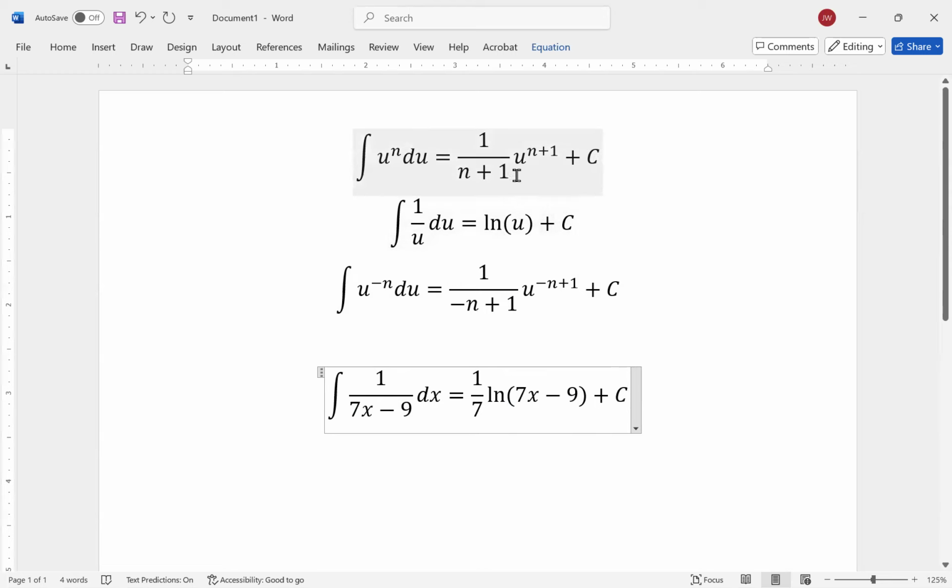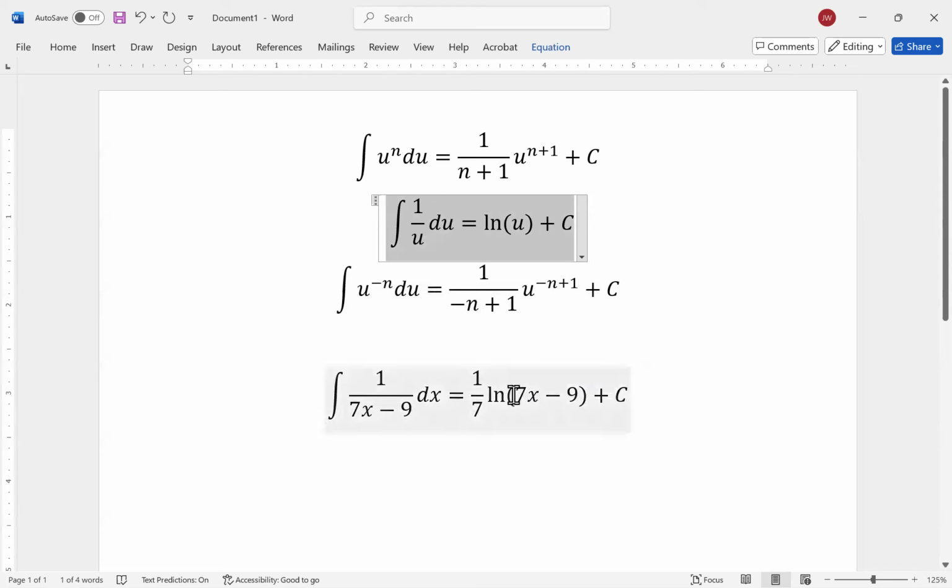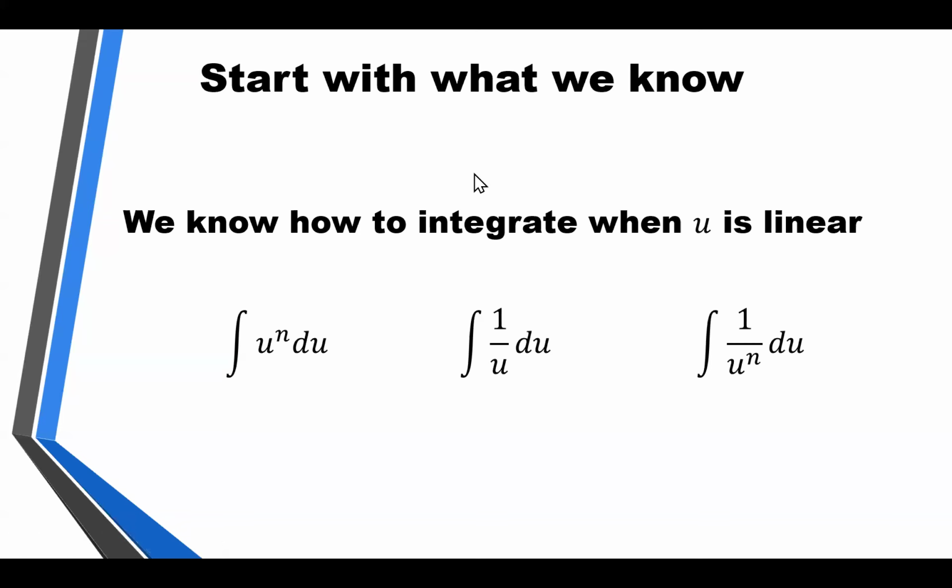And if it is a linear piece, we can just quickly divide by the coefficient of x. That's basically just a u substitution. So we know how to quickly do integrations that look like this. So that's what we know.